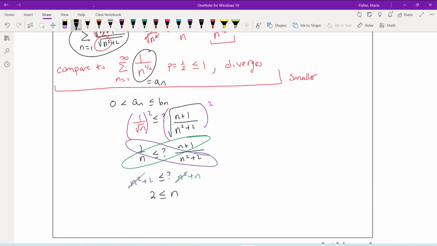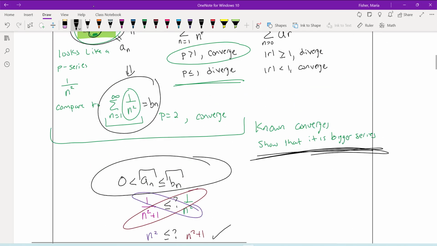So this actually lets me know that 0 is less than a sub n, which is less than b sub n, if we read it backwards, for n's greater than or equal to 2. What this is saying is that this inequality holds true for n's greater than or equal to 2.